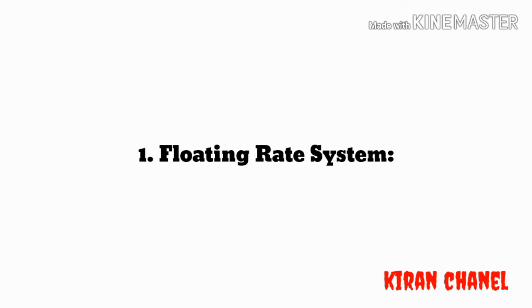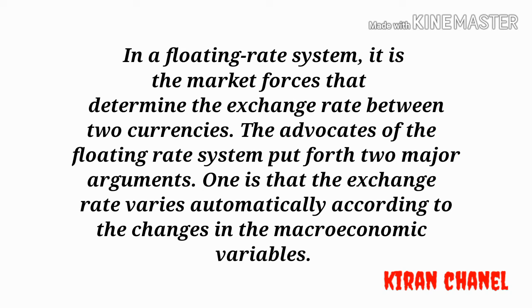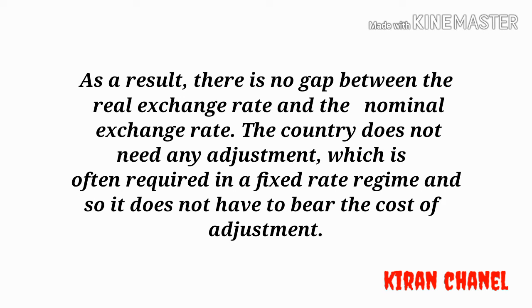1. Floating rate system. In a floating rate system, it is the market forces that determine the exchange rate between two currencies. The advocates of the floating rate system put forth two major arguments. One is that the exchange rate varies automatically according to the changes in the macroeconomic variables. As a result, there is no gap between the real exchange rate and the nominal exchange rate.